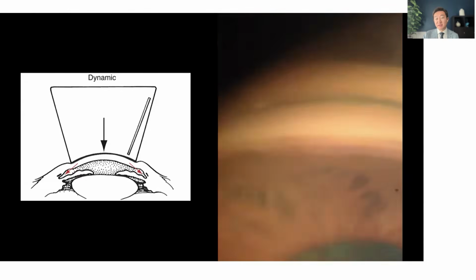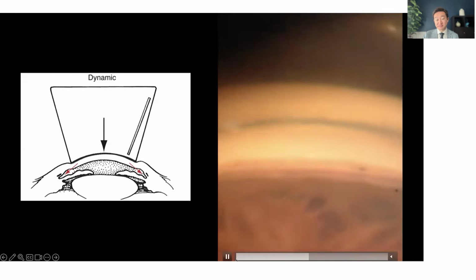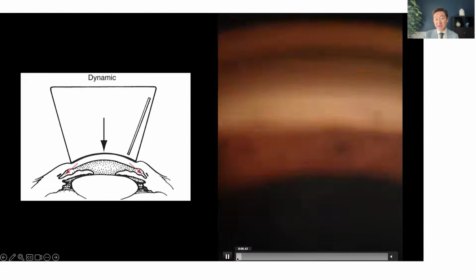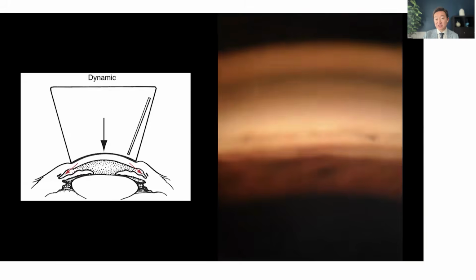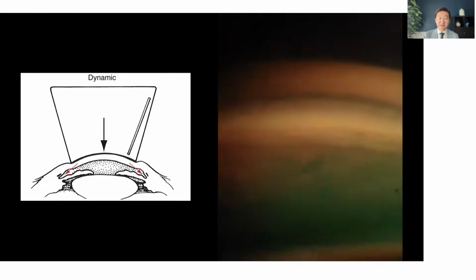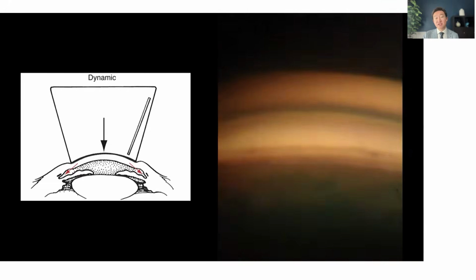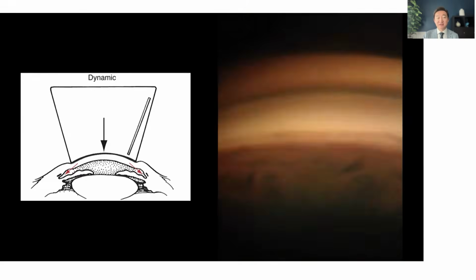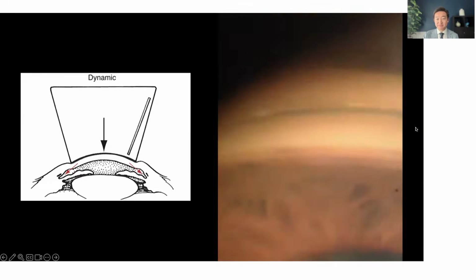I'm going to play this video one more time, just so you can appreciate this effect. So here no angle structures are visible. And then on indentation, you can see the pigmented trabecular meshwork. And so this is an important step in differentiating between synechial closure, in which indentation would not widen the angle, and appositional closure, which can be seen here.